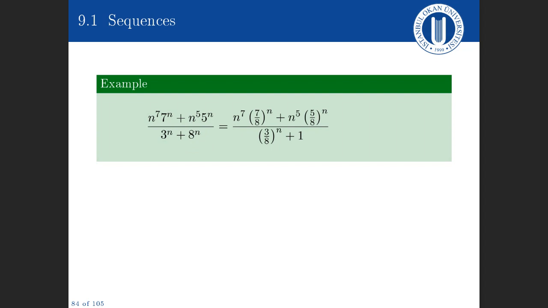And then we can look at each term separately. First of all, we've done this: n to the power a number multiplied by a number which is between -1 and 1 to the power n. What happens to this? The limit is equal to 0.